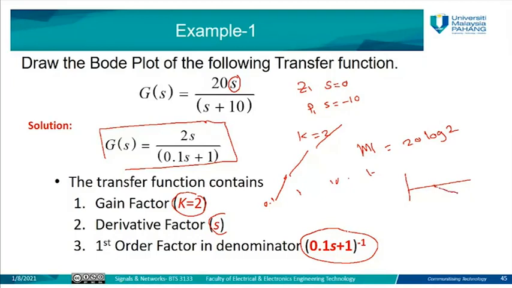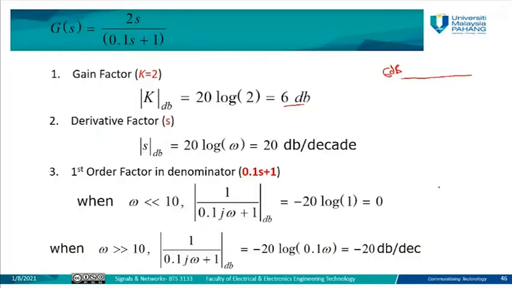It's like this one. At the point of omega, which is here s over 10, correct? So at the point of 10 here, it will convert to negative 20 dB per decade. As you can see here, we have 6 dB, we have 20 dB, and we have negative 20 dB per decade, which will start at omega equal to 10.